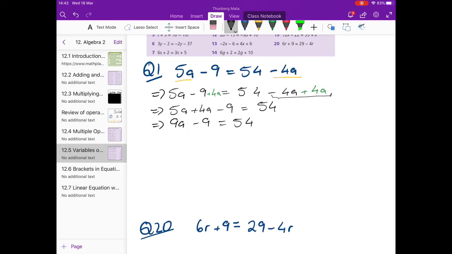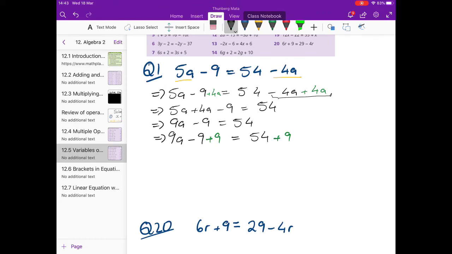Now once we're at this line, this question is the exact same as the ones we've just done previously. So next up, we want to get that negative 9 onto the other side of the equation. How we can do that is by adding a 9 to both sides of the equation. So we can add a 9 here and add a 9 here.